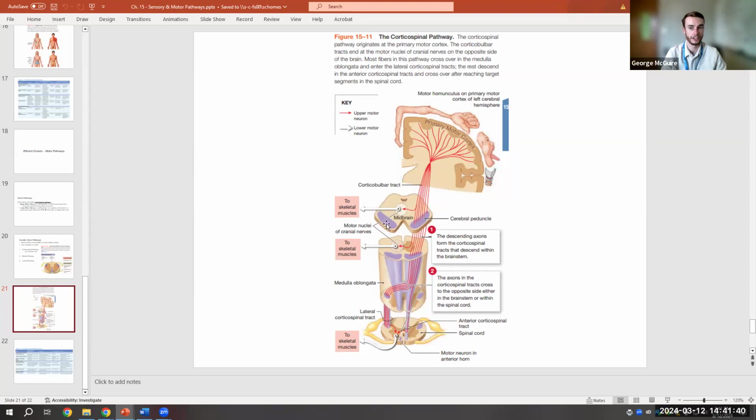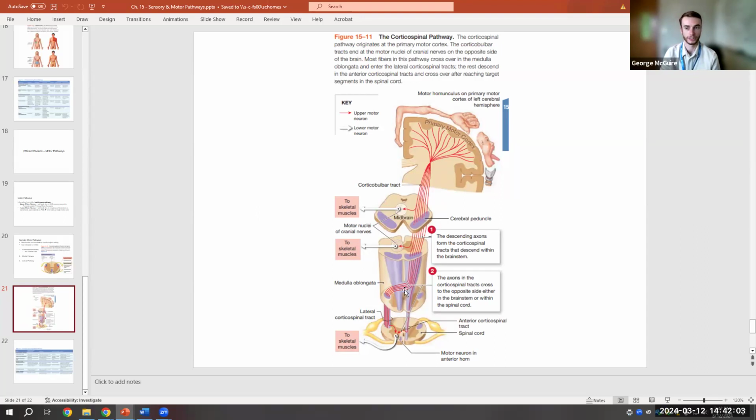Motor nuclei that are going to send out motor control through our cranial nerves can be found in either the midbrain here or the medulla oblongata. And so it is synapsing with the lower motor neuron in those portions of the brainstem and then leaving through the cranial nerve to whatever muscle of the face it is responding to.